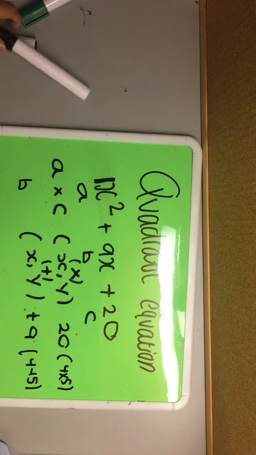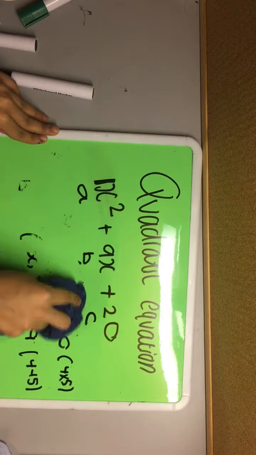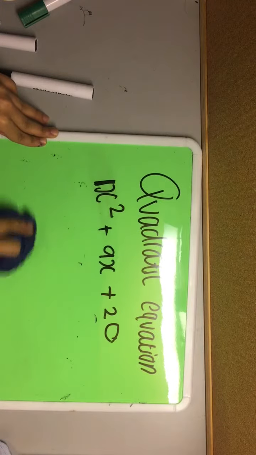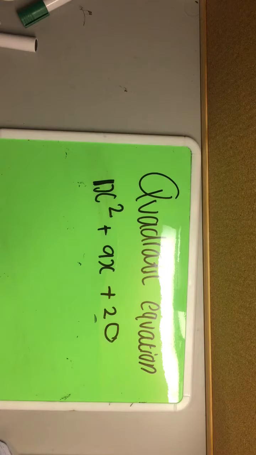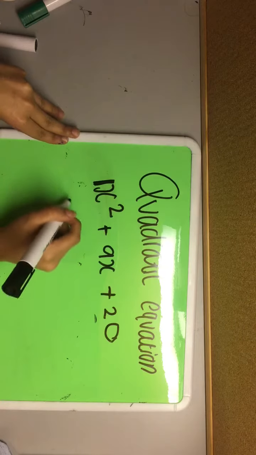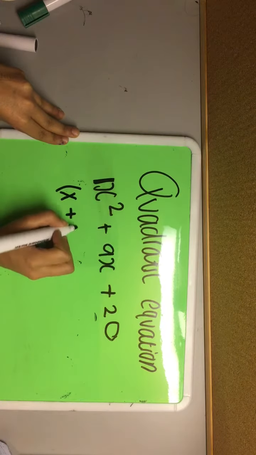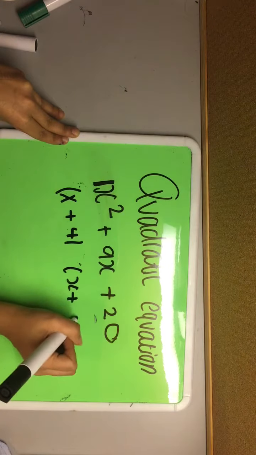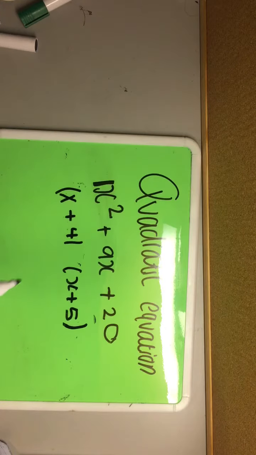So once we have our 2 numbers, 4 and 5, we can split them up. It will be x plus 4 and x plus 5. You can always open the brackets to check it.